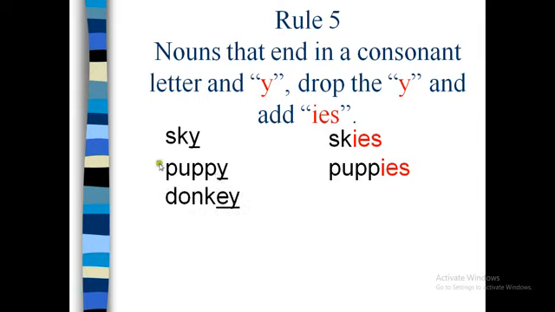Donkey. ما قبل الY ليس حرف ساكن. It is a vowel. Keep Y the same and just add S. Okay? Now, key ends with Y. Before Y there is E, a vowel. Keep the same and just add S.